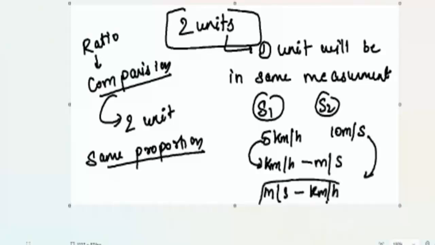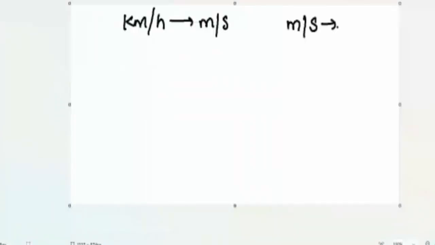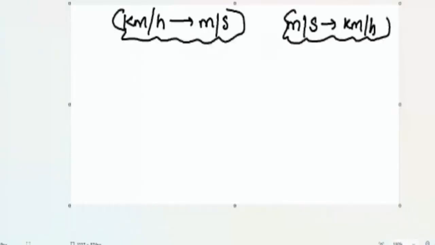It's totally up to you; whatever the question requires, you convert that unit. How will you convert kilometer per hour into meter per second, and how will you convert meter per second into kilometer per hour? I just need to know how we will convert this unit. Multiply by 1000.